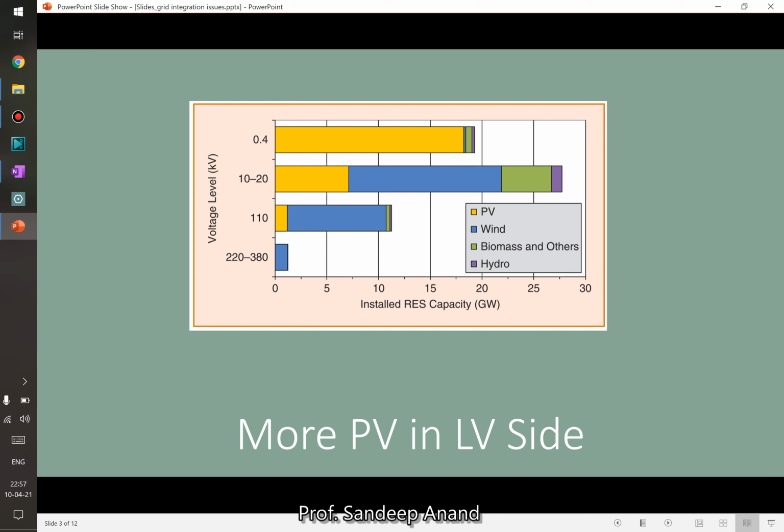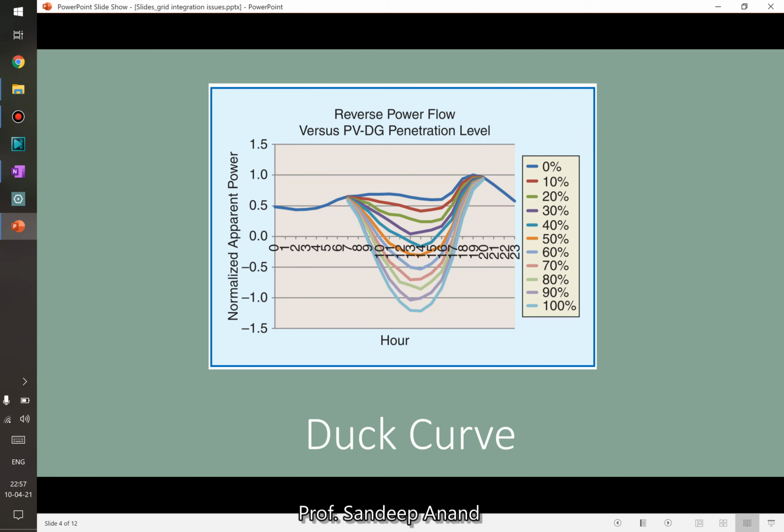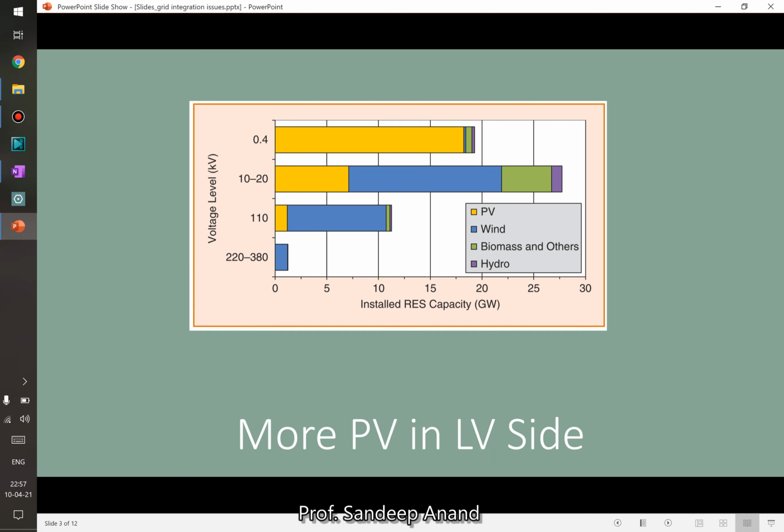You see that the yellow is the solar, and the majority of the solar gets connected at the low voltage, which is the 400 volt level. Yes, there is some solar getting connected between 10 and 20 kV, but as we go up in the voltage level, the contribution of solar becomes very, very small.